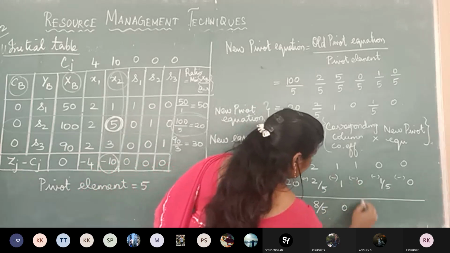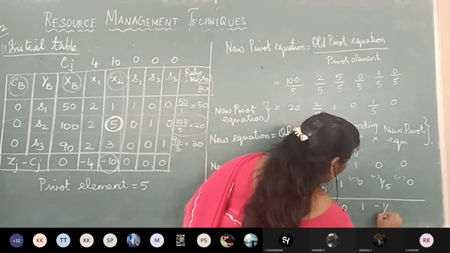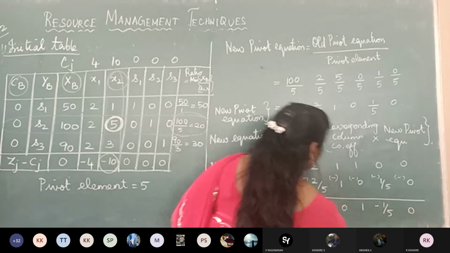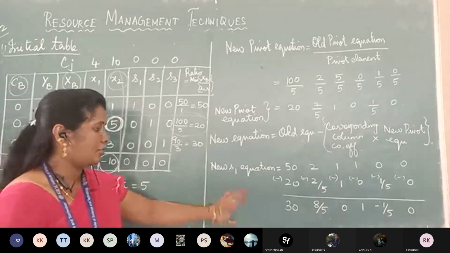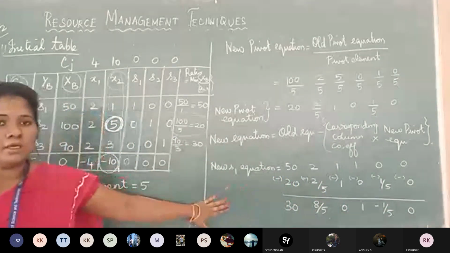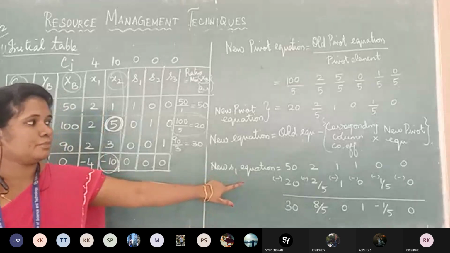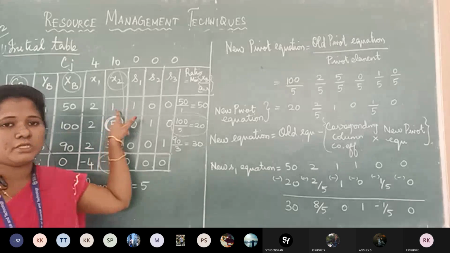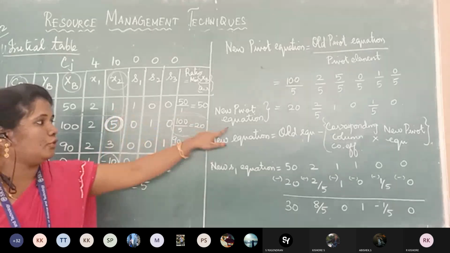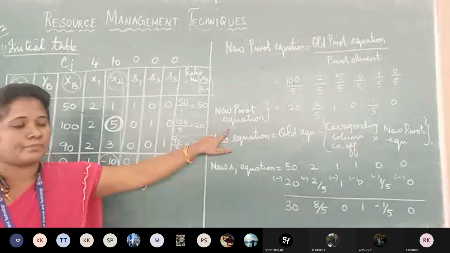This will become 0, 1, minus 1 by 5, and 0. Do you understand how you're getting your new S1 equation? You write your old equation minus, you multiply your corresponding column coefficient into the new pivot equation.